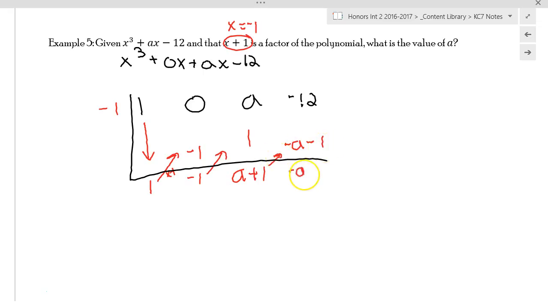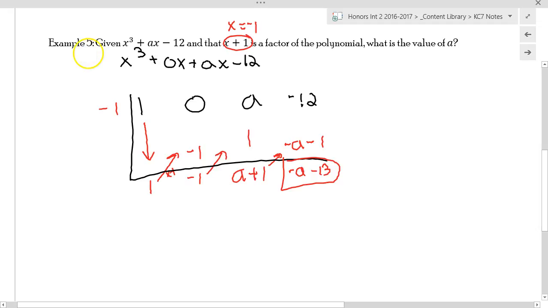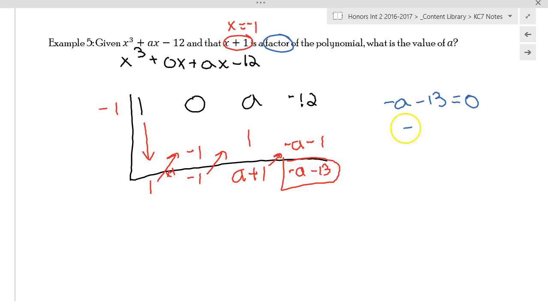Adding, I get negative a, negative 12, and negative 1 is negative 13. This would have to equal 0 since this is a factor. So negative a minus 13 has to equal 0.